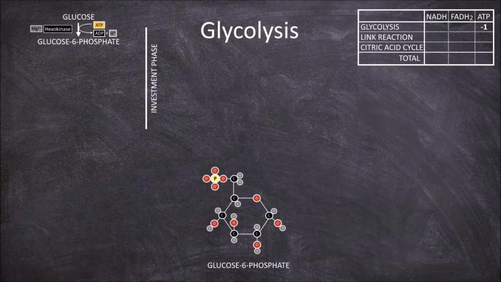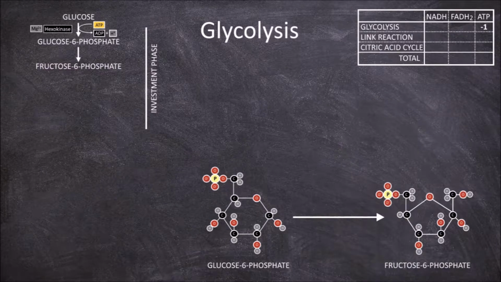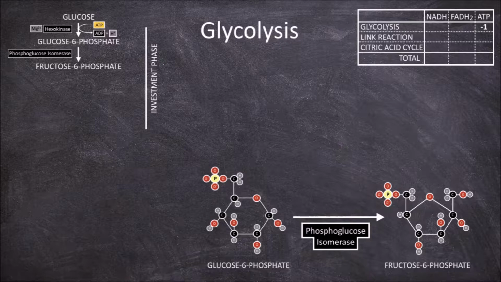The second step involves the conversion of glucose 6-phosphate, a 6-carbon molecule, into yet another 6-carbon molecule, fructose 6-phosphate, using the enzyme phosphoglucose isomerase. This reaction is able to go both ways.